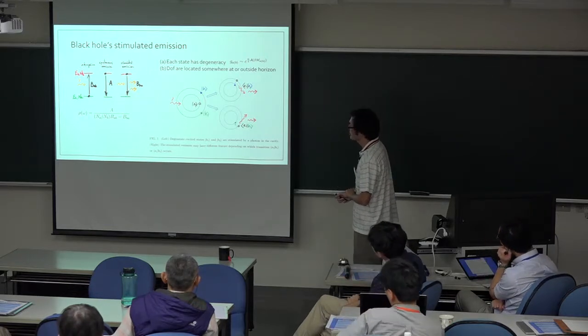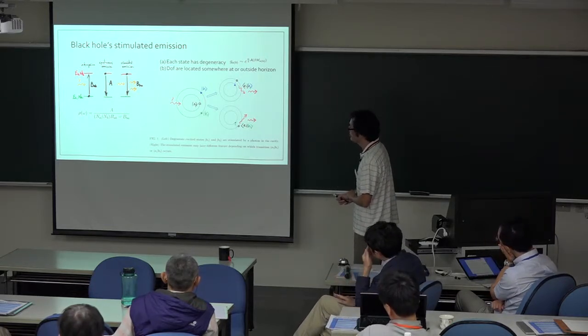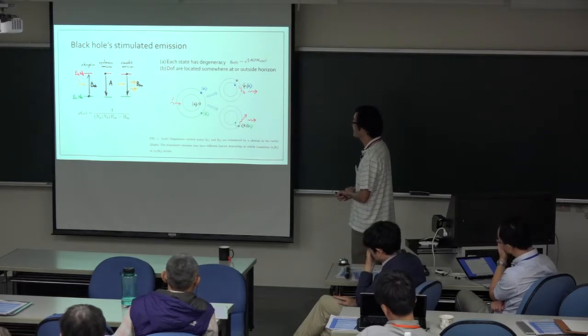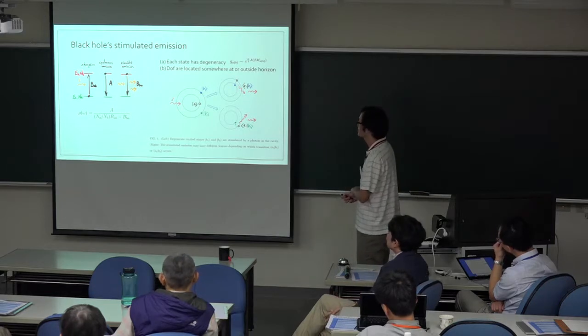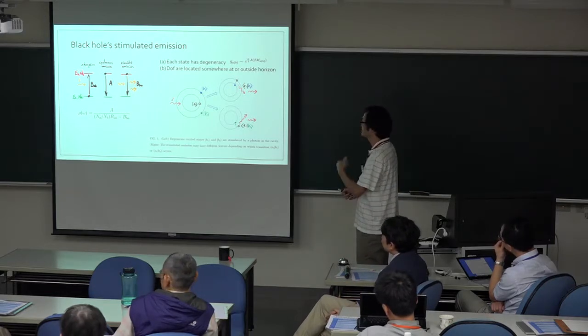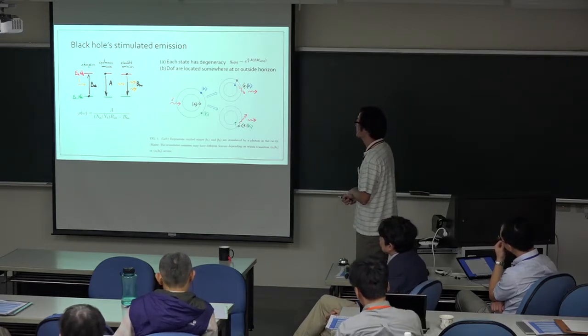To apply such a simple two-level quantum mechanical system to the black hole, as I just advertised, I need to make a further assumption, of course. This assumption is with respect to what we already learned from the black hole.